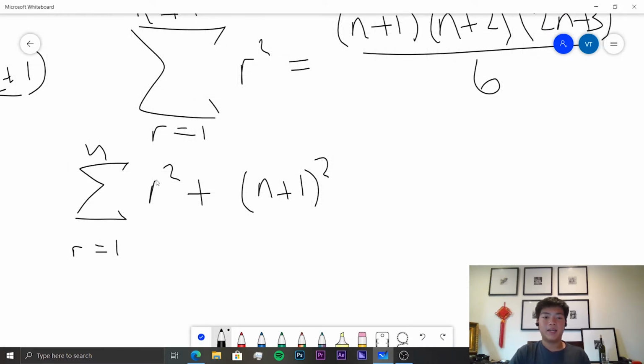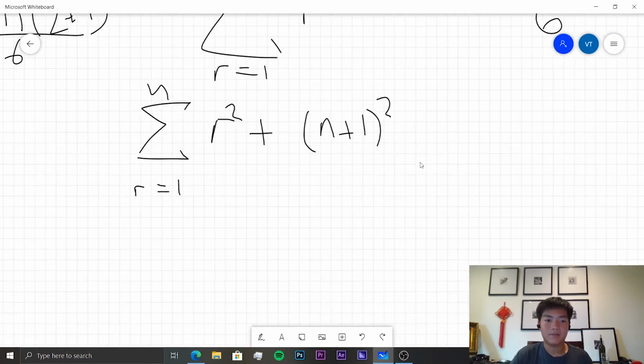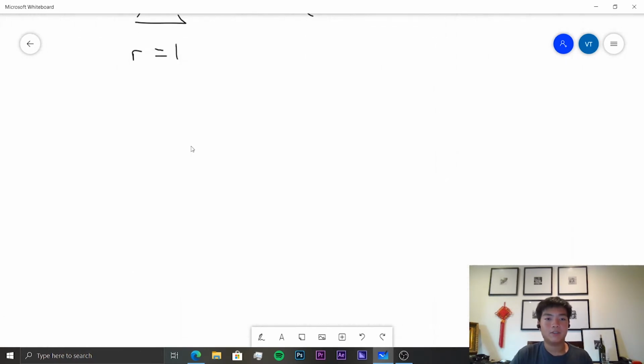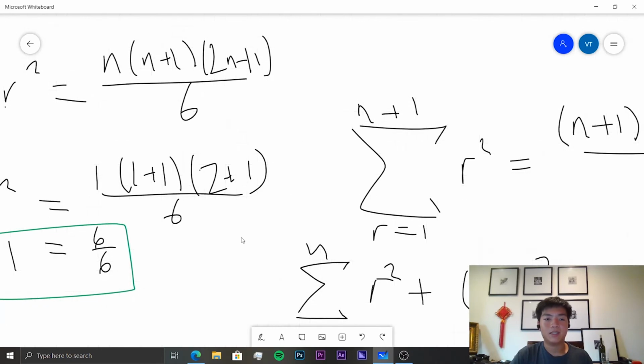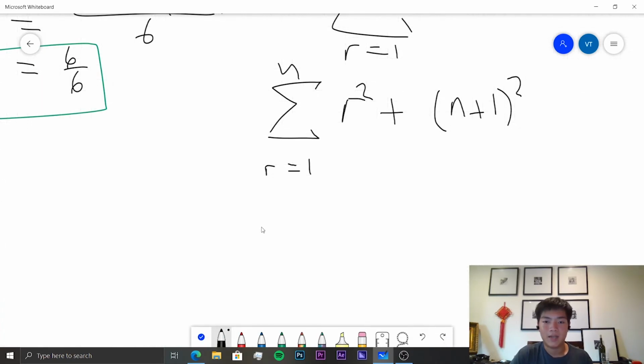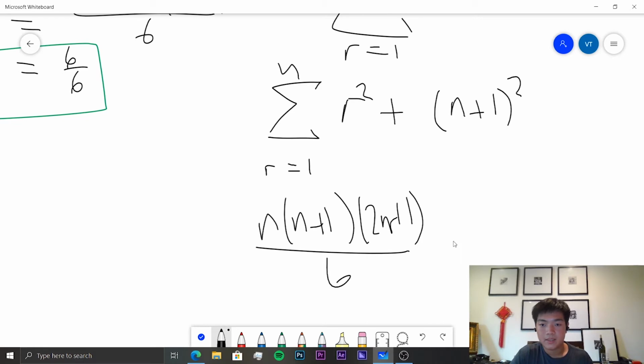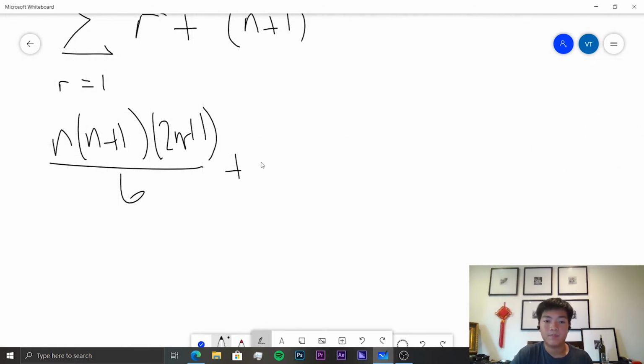Since we know that if it's the sum of r from 1 to n, and we add whatever term n plus 1 happens to be, then we should get the same answer. And we know this is equal to this previous statement, since we're assuming that it's true. So we have n times n plus 1 times 2n plus 1 over 6.